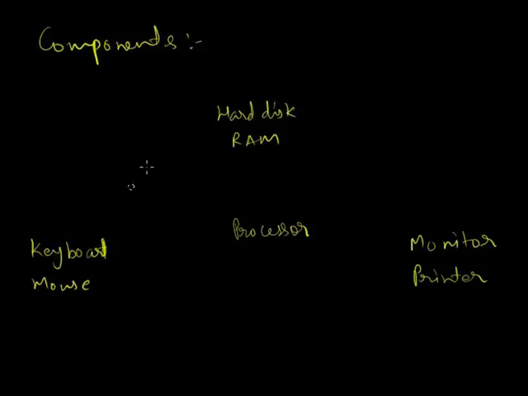So if you look at it carefully, the processor is the very important part of a computer. It is also known as CPU, Central Processing Unit. It is the most important part of the computer. Another part is the input and output devices.